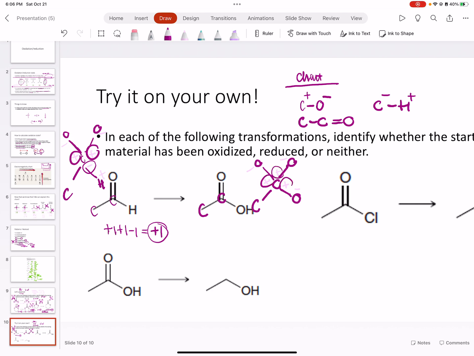And then in here we have +1, +1, +1. Therefore we have +3. So then if we went from +1 to +3, we were oxidized.